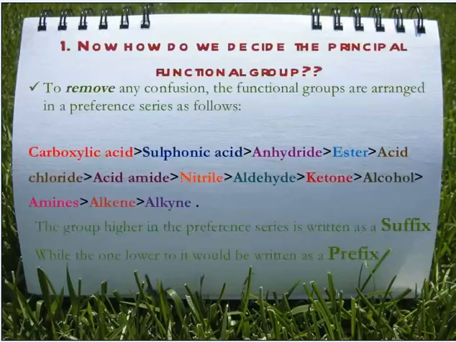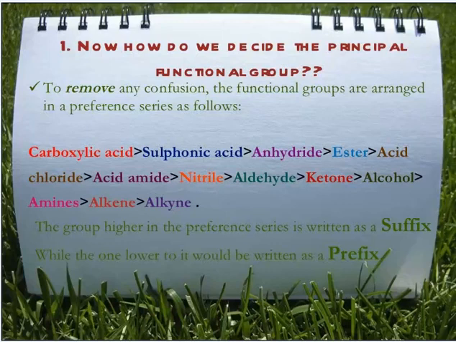Now, how do we decide the principal functional group? To remove any confusion, the functional groups are arranged in a preference series as follows: carboxylic acid, then sulfonic acid, then anhydride, then ester, then acid chloride, then acid amide, then nitrile, then aldehyde, then ketone, then alcohols, then amines, then alkene, then alkyne.